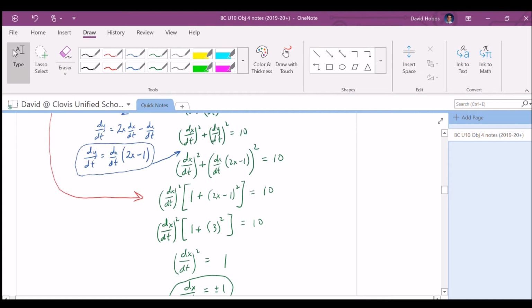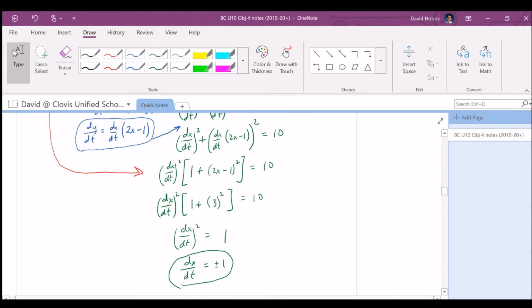Now we had what dy/dt was equal to, so we continue with that. dy/dt is equal to dx/dt, which we know is either plus or minus 1 at the point (2, 2), times 2 times 2 minus 1.